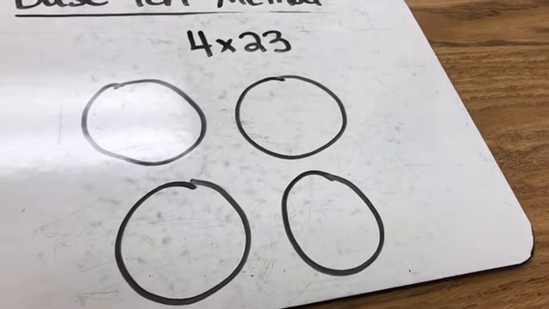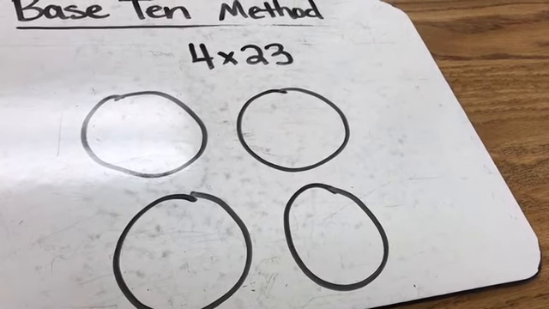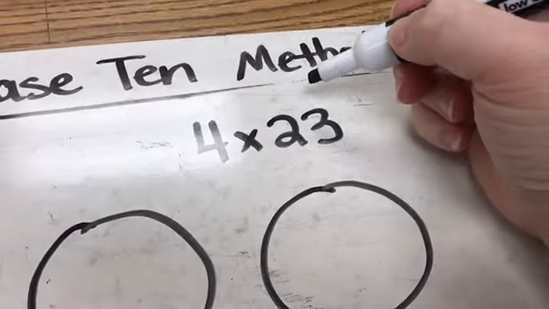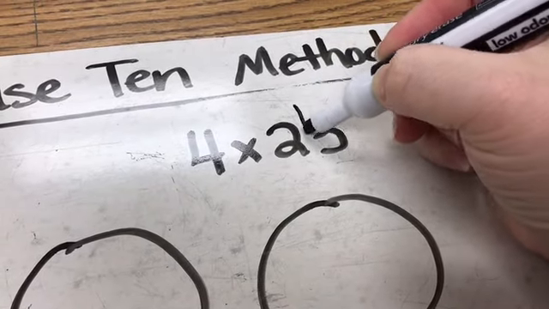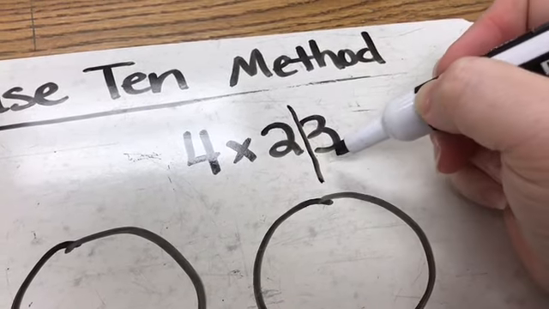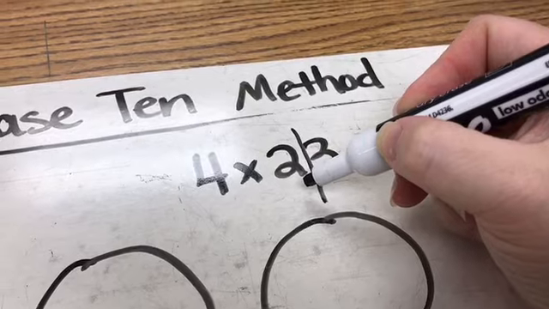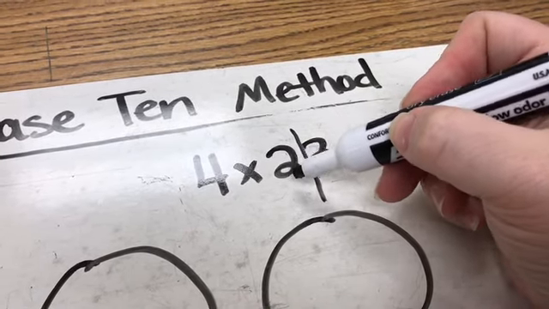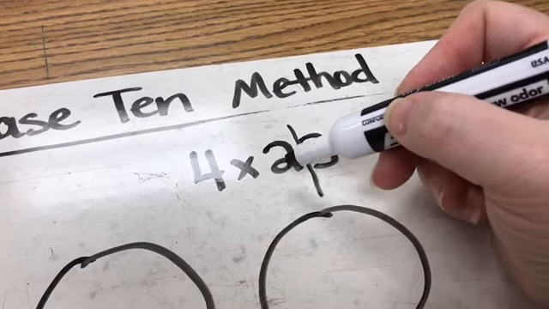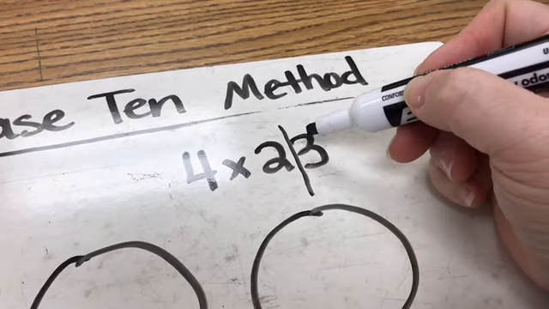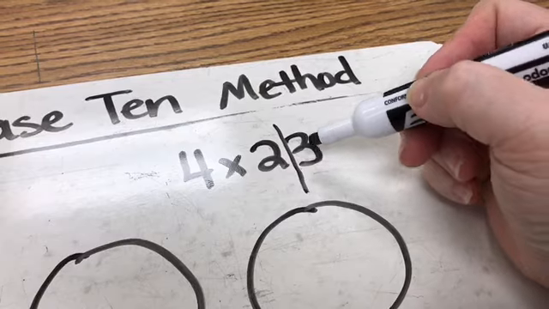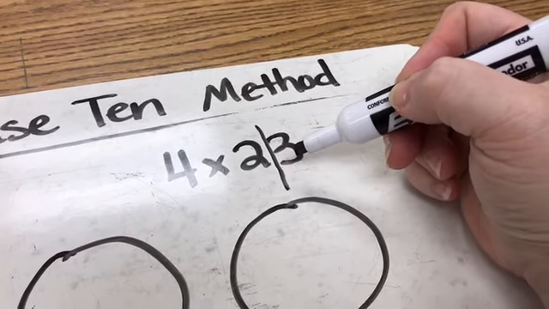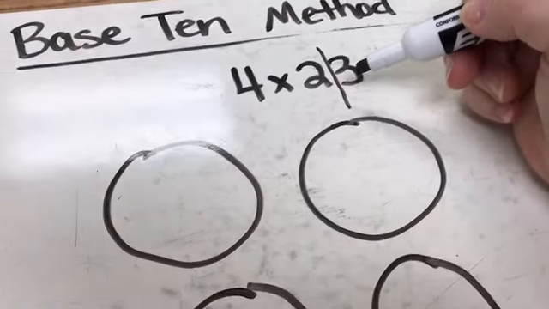So to represent 23, again, if I need to, I can draw a line here in between my 1s and my 10s place. And the 10s place, these are my long, or my French fries, and these are my 1s, or we like to call them tater tots, is a fun way, because everybody loves tater tots.